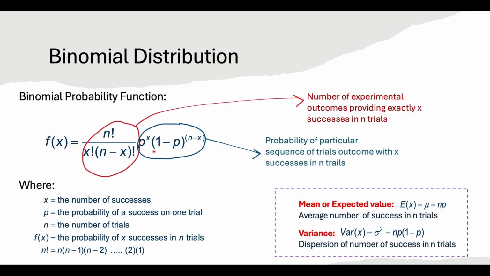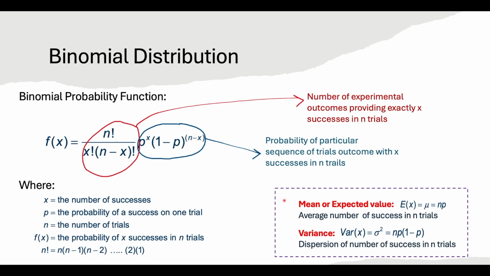The next part counts the probability of a particular sequence of trial outcomes with x successes in n trials. Here x is the number of successes, p is the probability of success in one trial, for example, the probability of getting a head on one trial, which was 50%, n is the number of trials, for example, we tossed 3 coins, and f of x is the probability of x successes, or x heads, in n trials. And factorial is the multiplication of n by all the lower values down to 1.